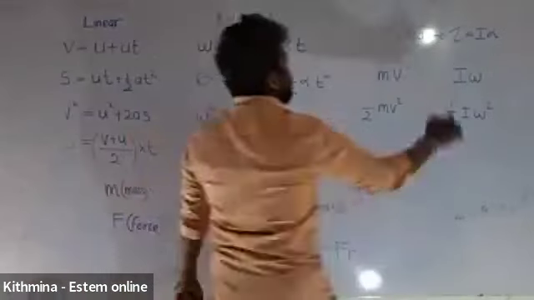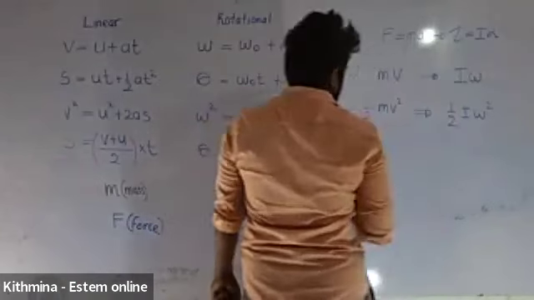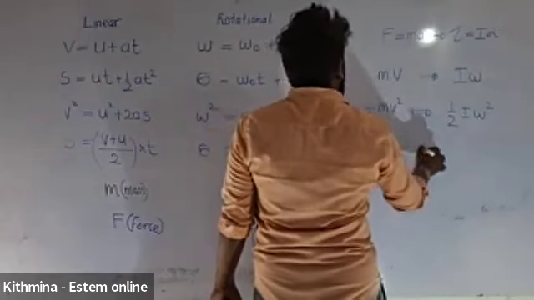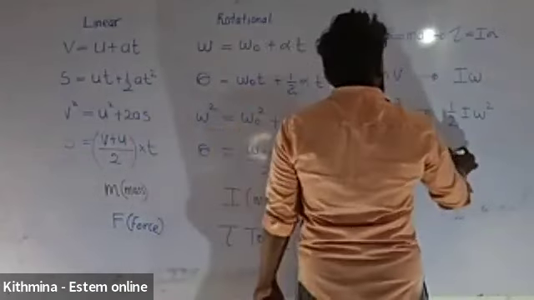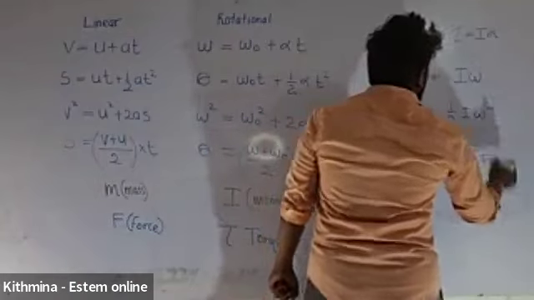Then work done equals F into S. Work done in rotational motion is tau into theta.